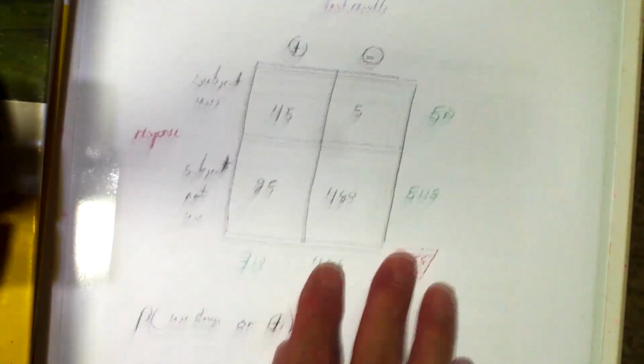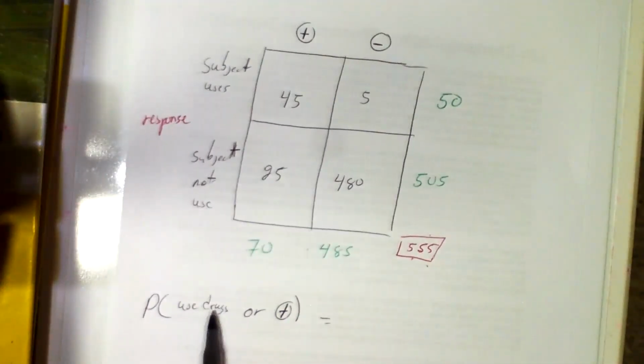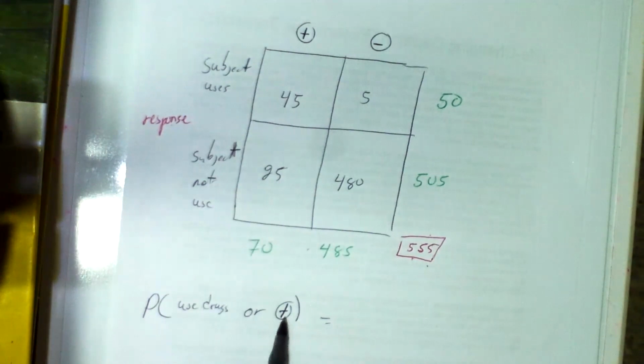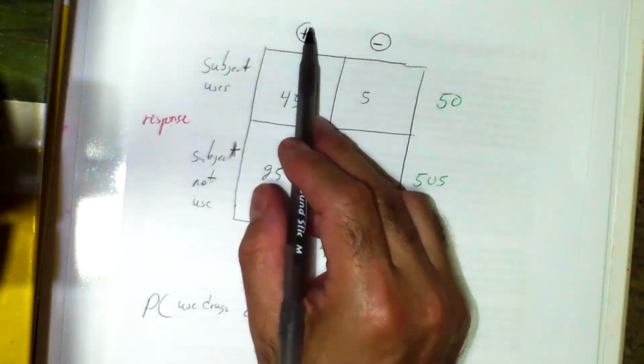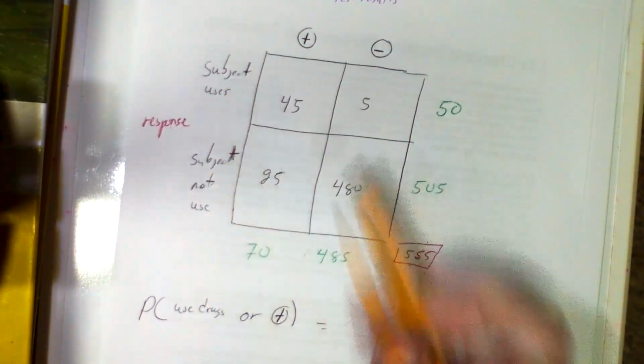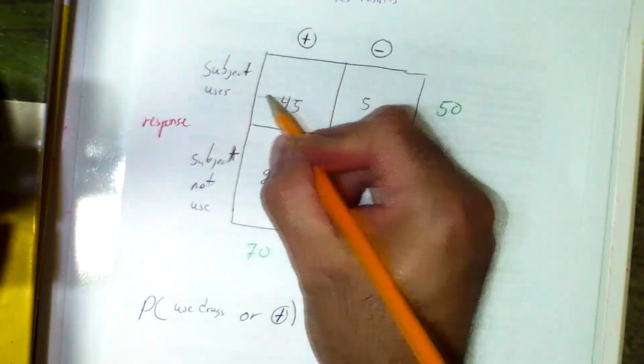All right, well, let's go back and look at our units. Let's look at our events that we're using, right? So because uses drugs is a response, and the second event is a drug test result, these two are going to overlap. Notice, I'm going to draw with my pencil. So I know that uses drugs is a row, right? So I'm going to draw a line just like that. Subject uses drugs.